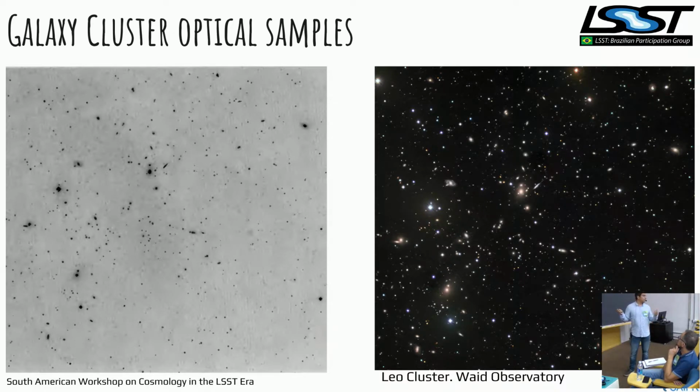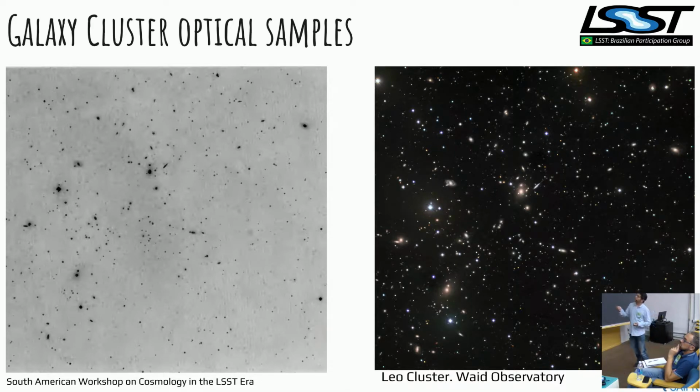So with a CCD, a digital image, and of course several filters, you can build these deep images of the sky to look at clusters, right? So one thing besides the depth, I mean, you can see much more objects here than there, I guess.